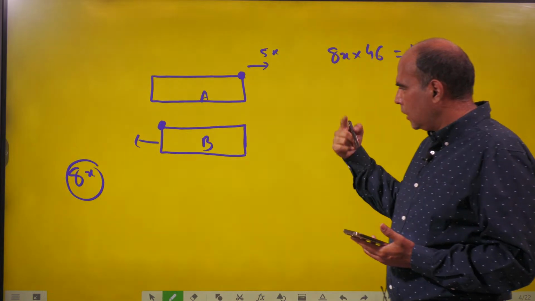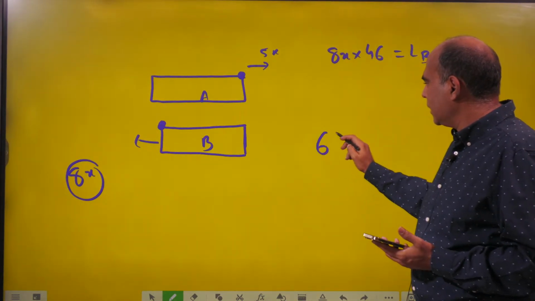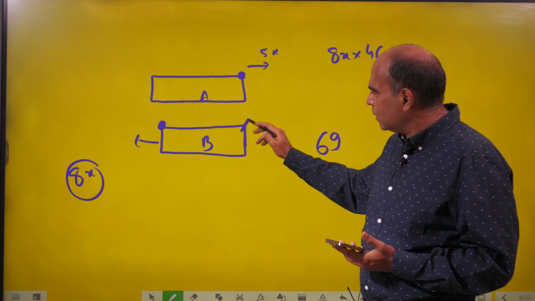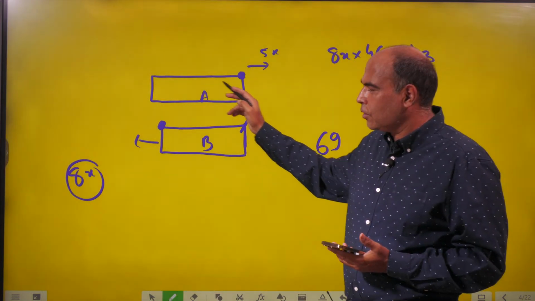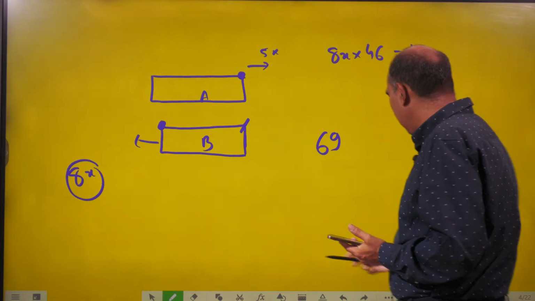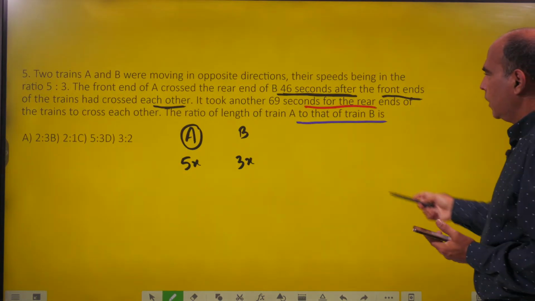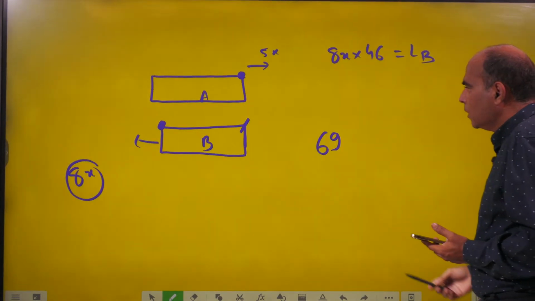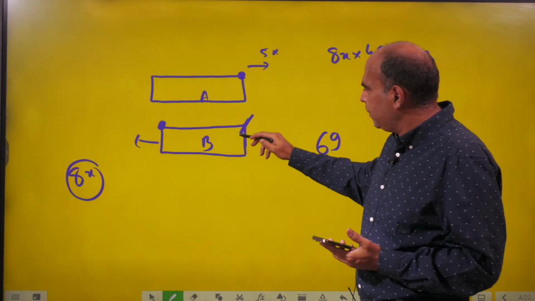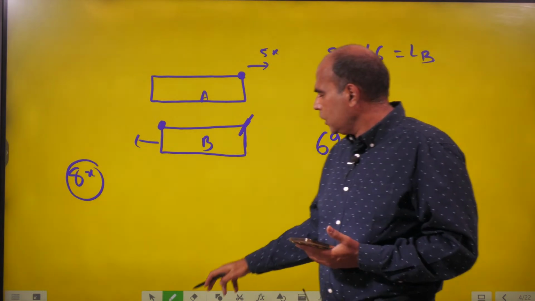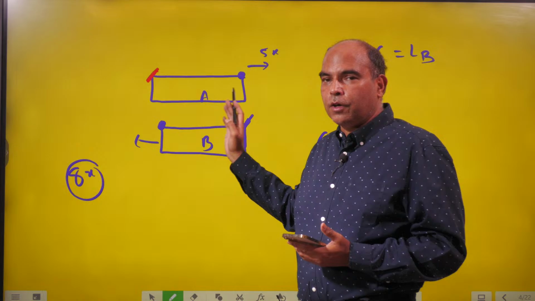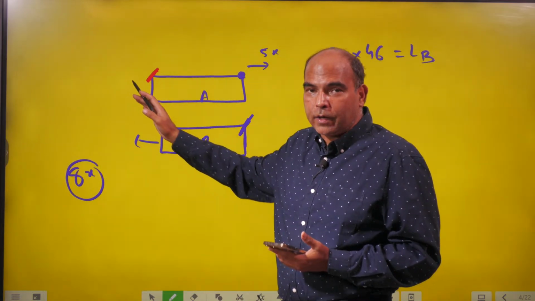And now the other information given to me is that it takes another 69 seconds for the rear ends of the trains to cross each other, which means that the reference point of the rear end of B is taking 69 seconds to cross the reference point of the back end of train A.